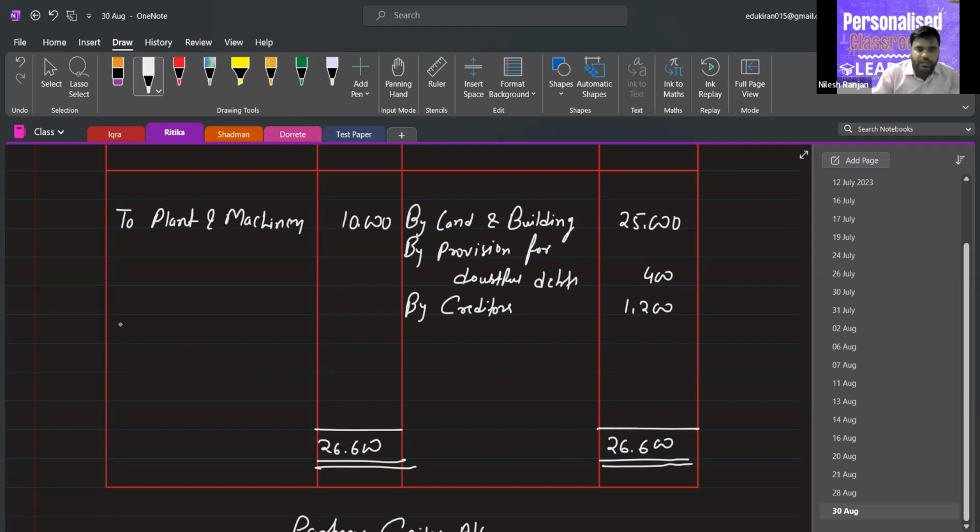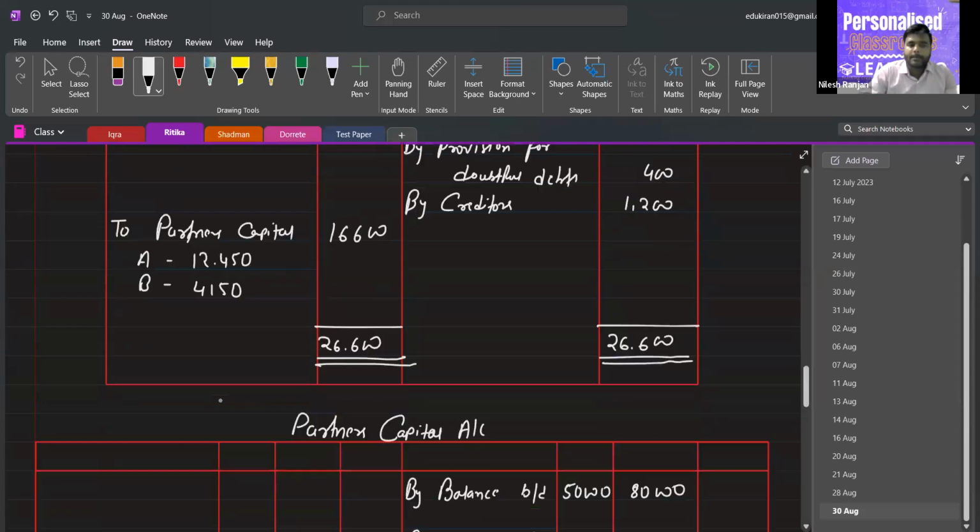And the balance will go to the partners' capital accounts. 16,600, and the profit sharing ratio is 3:1, that is 12,450 and 4,150.